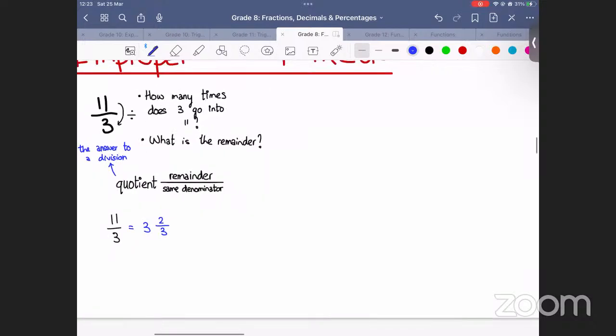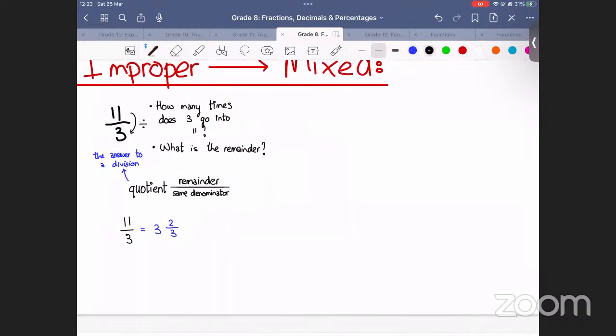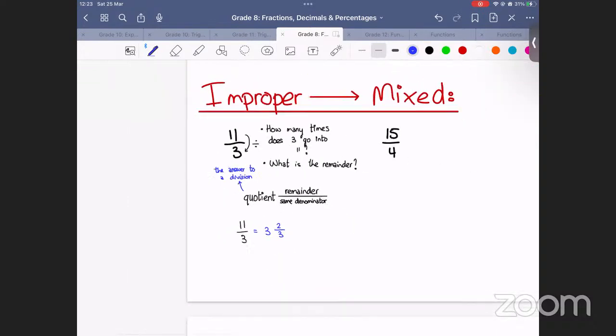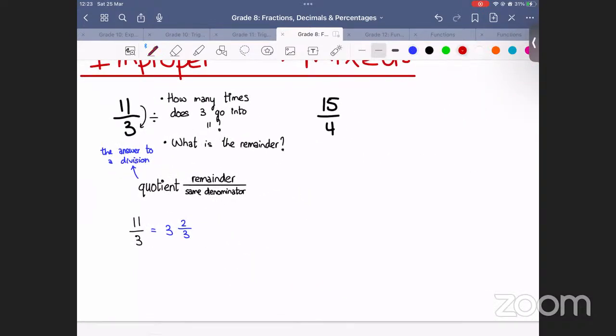3 and 2/3. Let's do one more example. 15 over 4. How do we form our answer? Remember, the whole number is the quotient. You divide, and then your remainder over the same denominator.